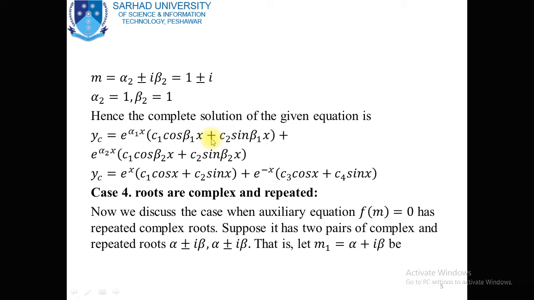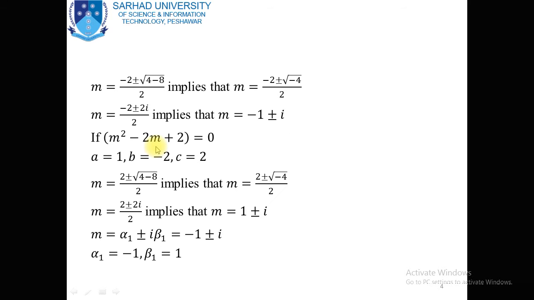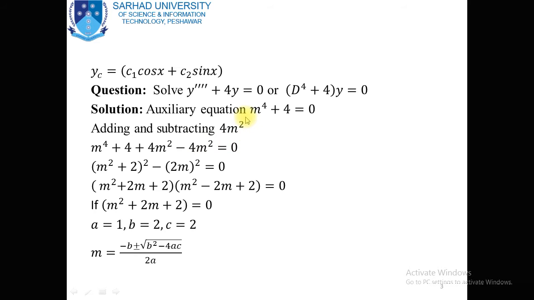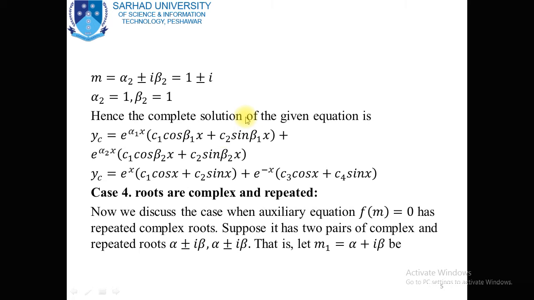Adding these two complementary solutions, we obtain the whole complementary solution for the given homogeneous fourth order linear differential equation. Since the given equation is a fourth order differential equation, there will be four constants c1, c2, and similarly c3 and c4.